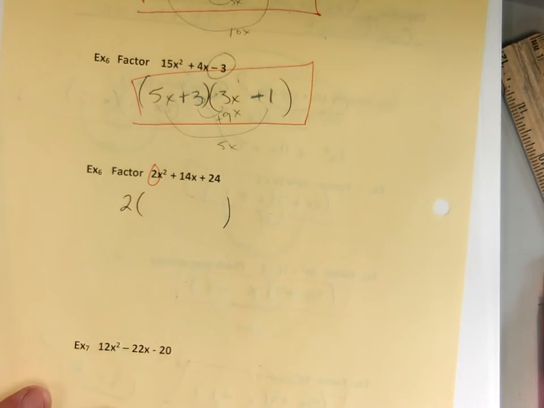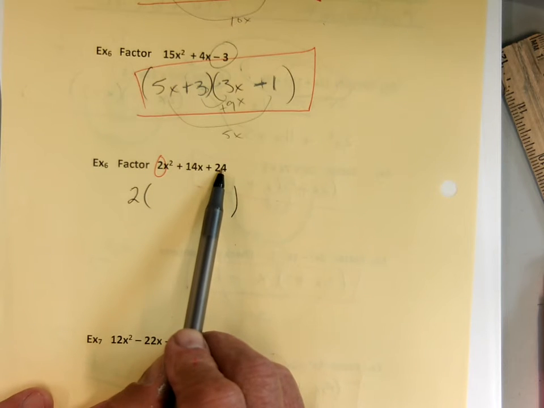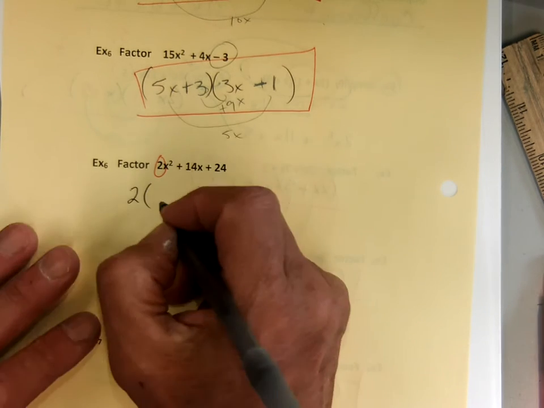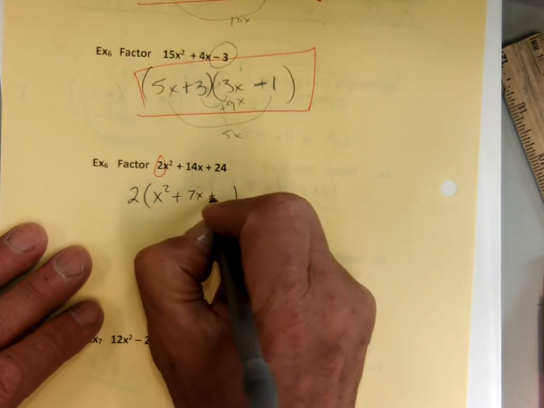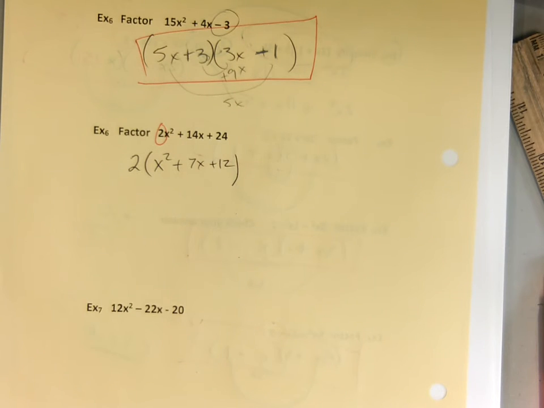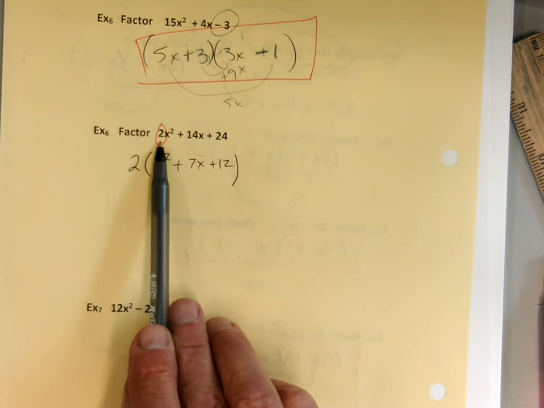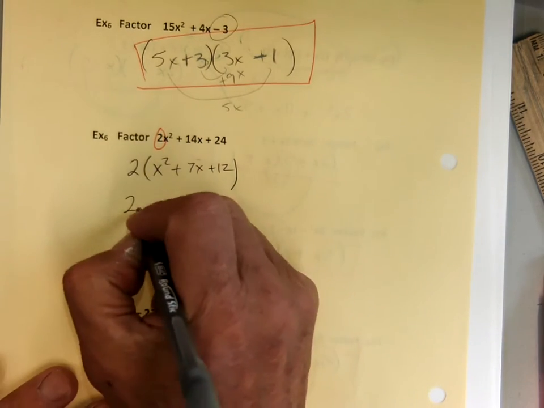If I notice that all three numbers can be divided by the same number, I take it out and it makes the problem smaller. X squared plus 7x plus 12. So when I see that 2 divides into all three, I take it out, and then this is what we did yesterday, right?